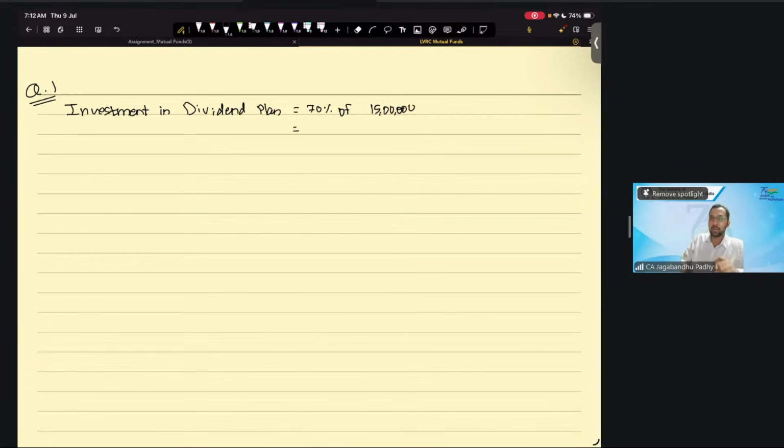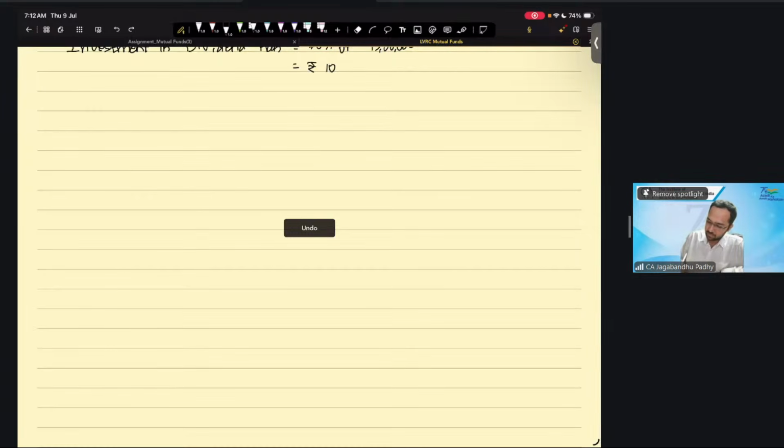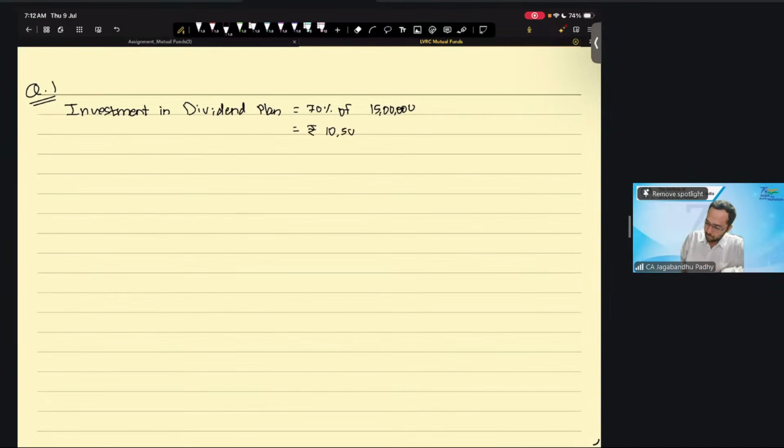So since it is 70% of 15 lakh, the investment that you're making in the dividend plan is 10 lakh 50,000. And the investment that is being made in the bonus plan is 30% of 15 lakhs. So 30% of 15 lakhs is going to be rupees 4 lakh 50,000.